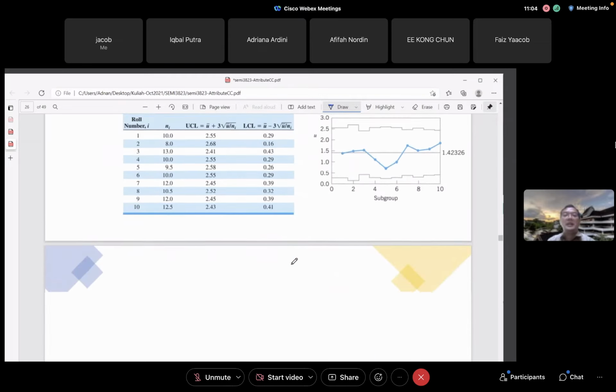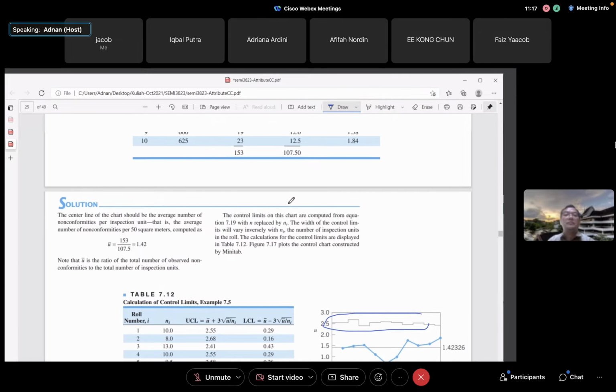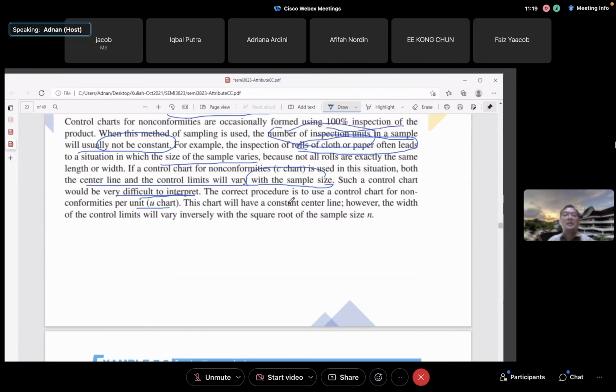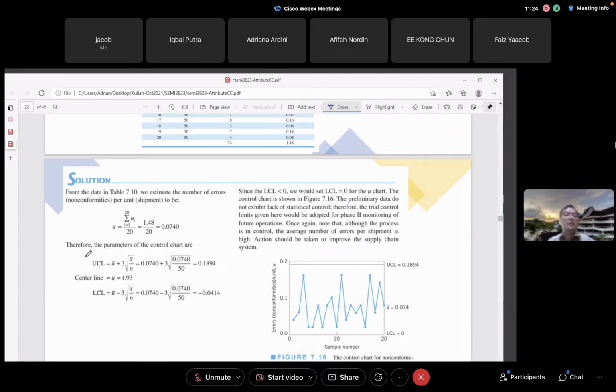So we have discussed that. This is an example of a U chart. You see that the control limit varies, because we are using this formula. These are the formulas for the U chart central line and control limits: U bar plus 3 square root of U bar divided by n.